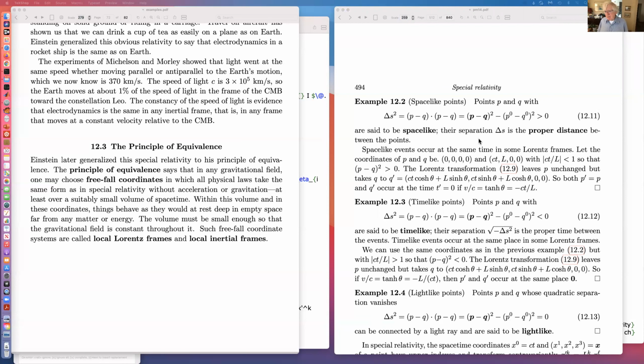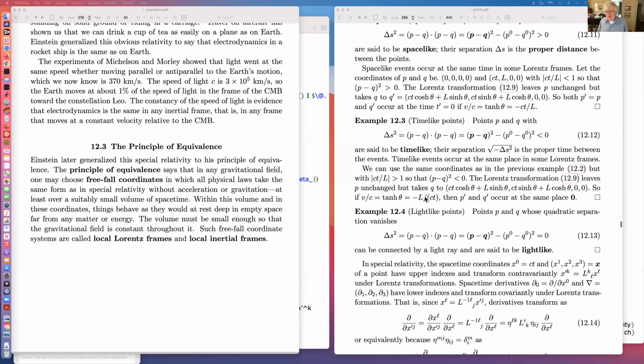Space-like: two points are said to be space-like if their difference is a space-like 4-vector. If, on the other hand, it's a time-like 4-vector, that is to say that the time difference is more important than the space difference, then they're said to be time-like.